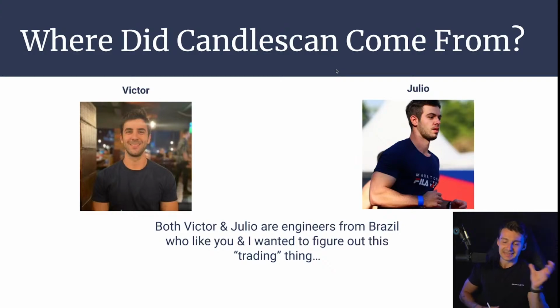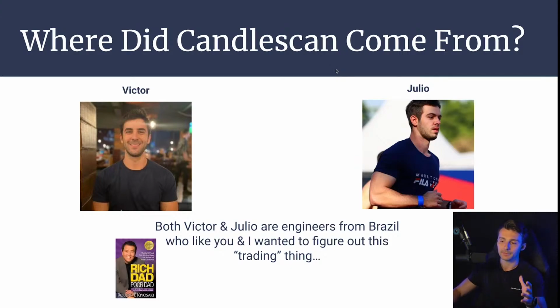So like a lot of us, we all get into trading or the markets in some way. And Victor specifically, more through Rich Dad, Poor Dad. Julio from an influencer who was trading binary options in Brazil at the time, back in the late 2010s, 2019 timeframe.